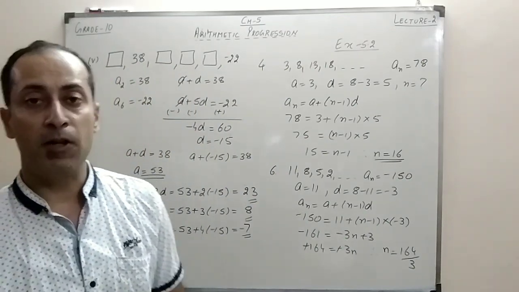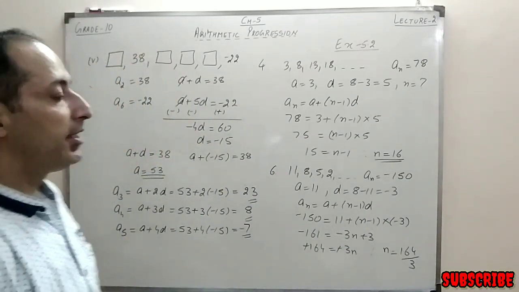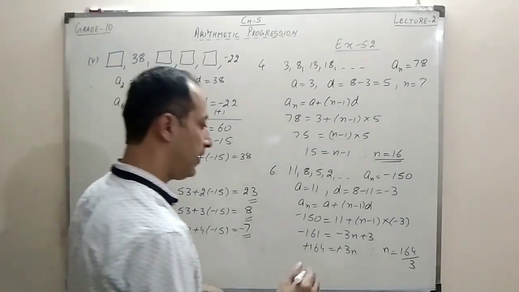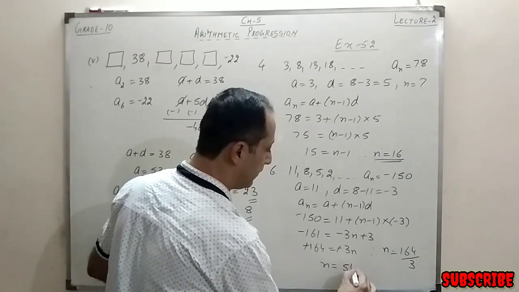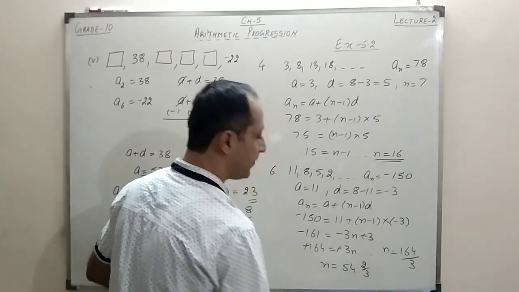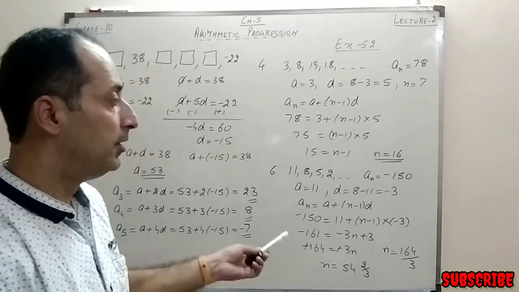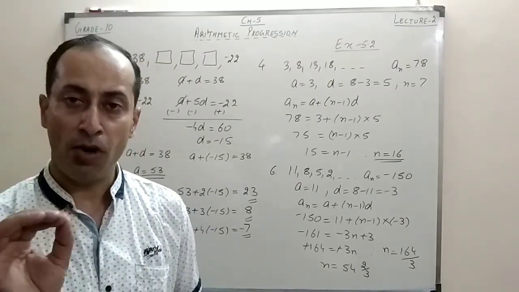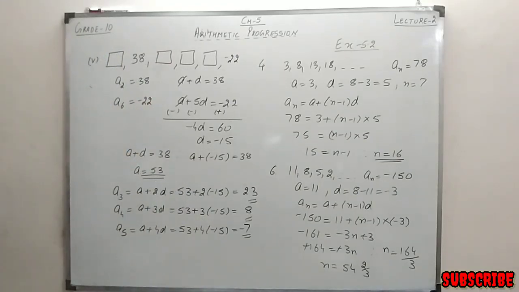If you simplify this, we will not get an exact value. We get a fraction, n equals 54 and 2 by 3. So since n is not a natural number, minus 150 is not a term of the given AP.